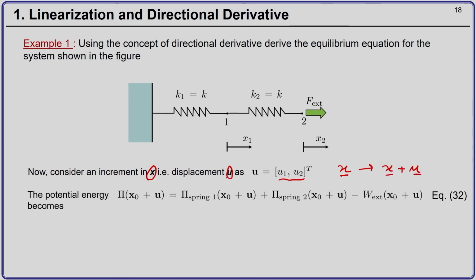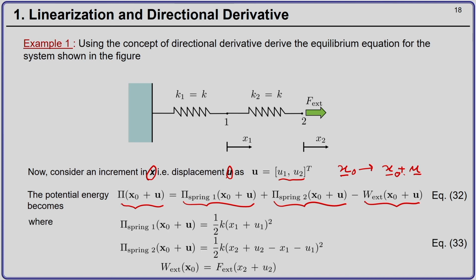The total potential energy of the system will be evaluated at x0 plus u. So, you have the potential energy of the system at x0 plus u, the new point, which is the potential energy of spring 1 at the new point plus the potential energy of spring 2 at the new point minus the work done to get to the new point by the external forces.